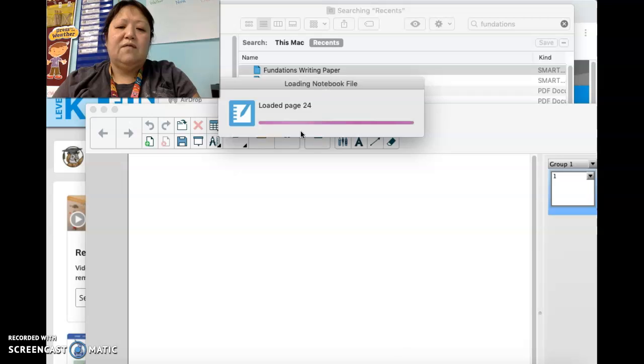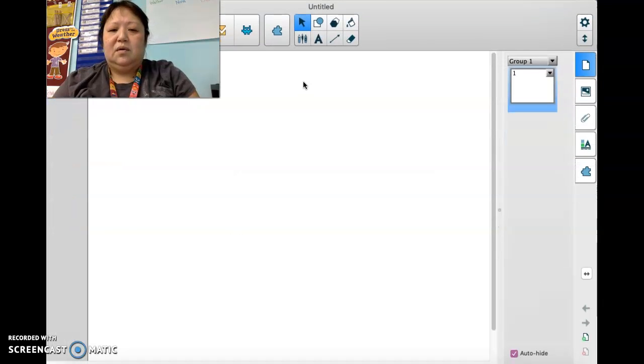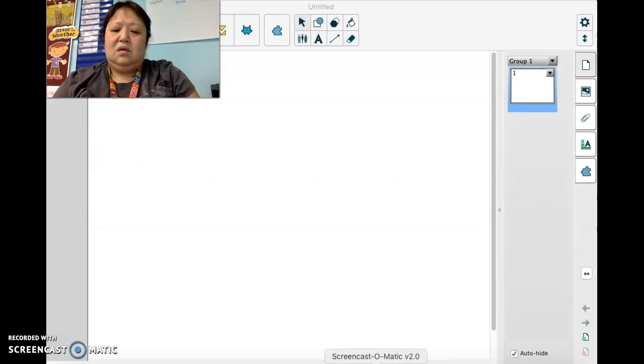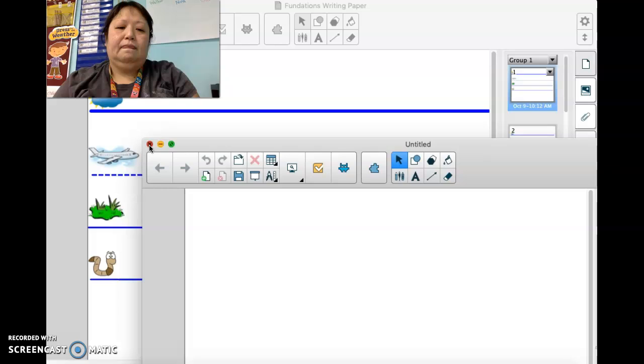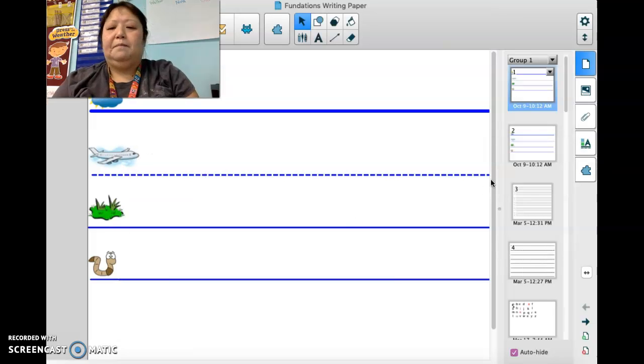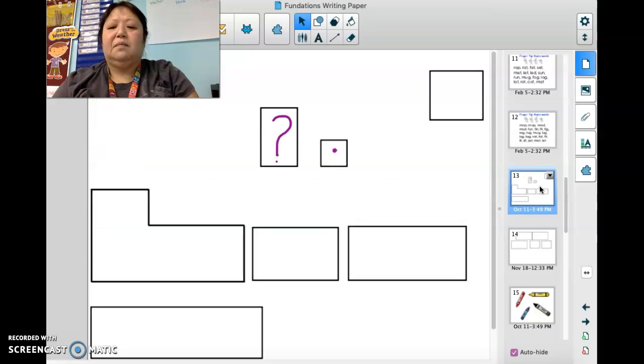So let's go into our Fundations writing paper here. Okay, and we're going to go all the way to our sentence frames. So these are our sentence frames.